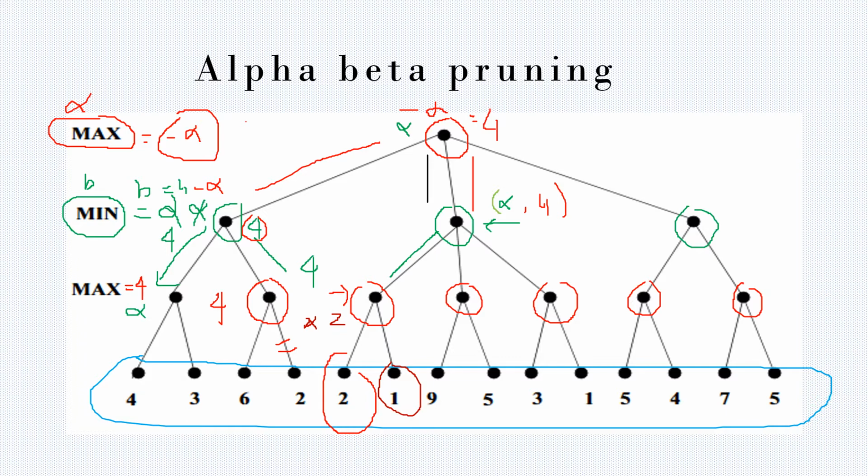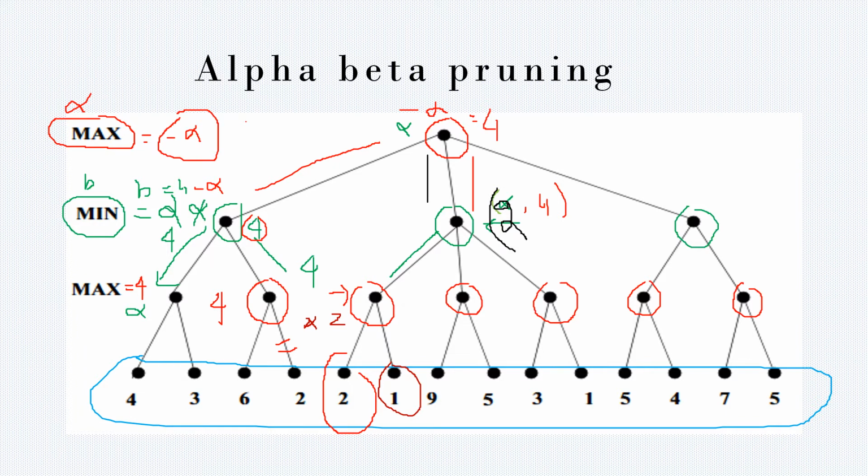So here beta will compare its value: 2 is less than positive infinity, so the value of beta will become 2.